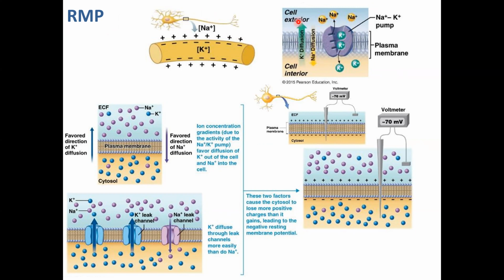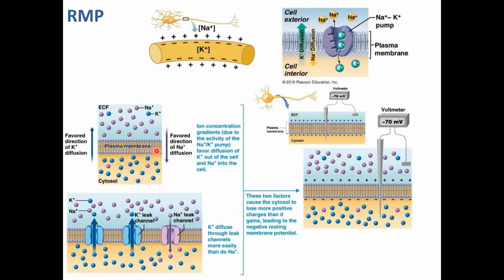Potassium diffuses out, sodium diffuses in, but way, way less sodium diffuses in because very few channels are open. But potassium diffuses out really well, right? So here, lots of sodium outside, lots of potassium inside. This is our salty banana.